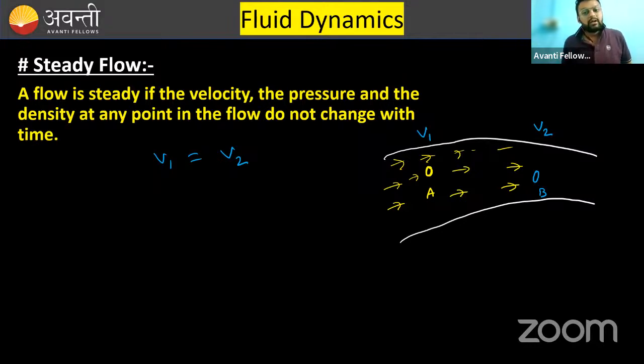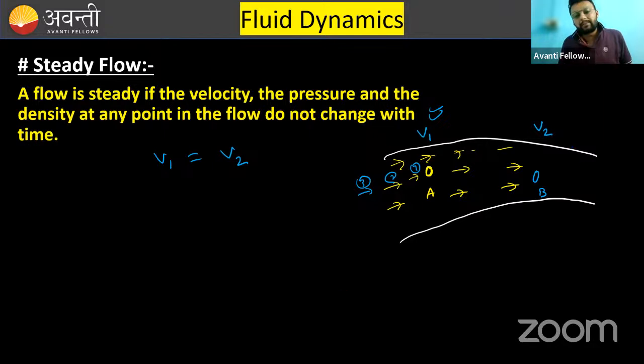What I have told you is that all the particles passing through a particular point have the same velocity. Suppose this is particle 1, this is particle 2, this is particle 3. Then all these particles while passing through point A will have the same velocity of V1.